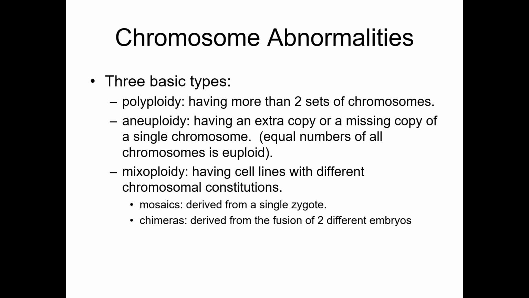For example, in mosaics, derived from a single zygote. Generally, for the formation of a zygote, there must be fusion of two gametes, the male and female gamete. But mosaics are derived from a single zygote, that is mixoploidy.